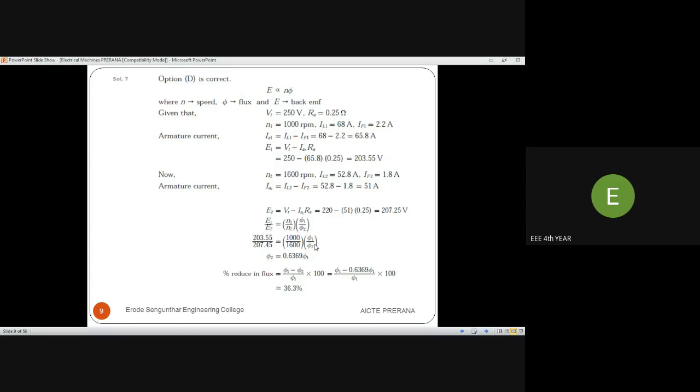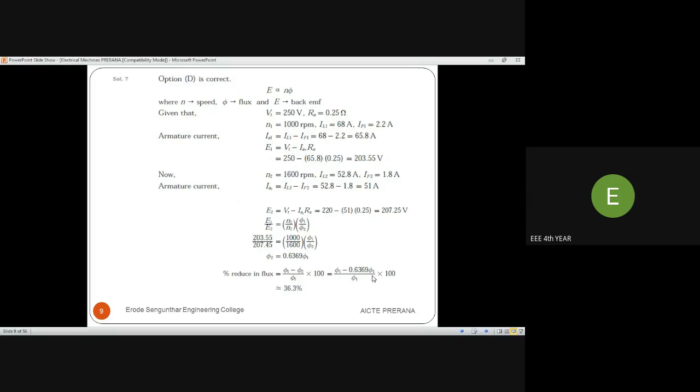In case of DC shunt motor, E2 by E1 equal to N2 by N1 into phi2 by phi1. It is a formula for DC shunt motor. Now we can substitute all these parameters in this equation. We can get the second flux value phi2 equal to 0.636951. For the reduction in flux, the formula is initial flux minus second flux divided by initial flux.